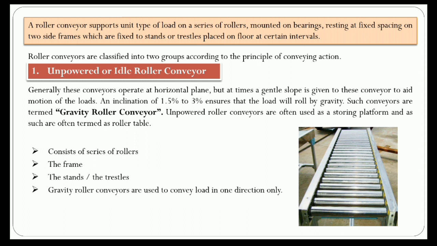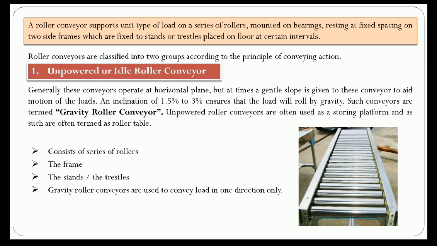In case of unpowered roller conveyor, the rollers are not driven or powered from an external source. The load rolls over the series of rollers either by manual push or push from an endless moving chain or rope fitted with pusher dogs, rods or clamps. Or else sometimes a pull system is also available for some kinds of idle roller conveyor.